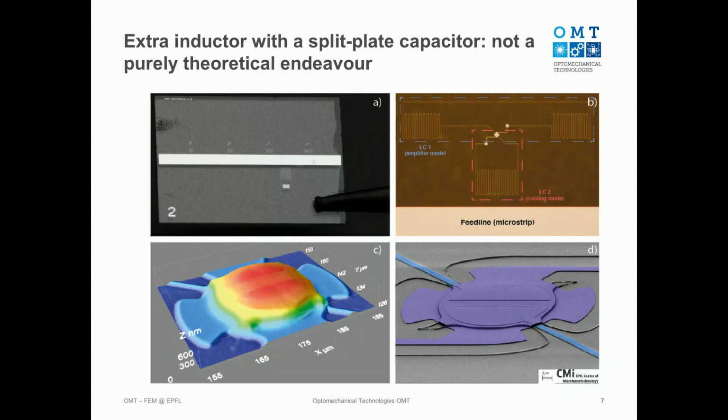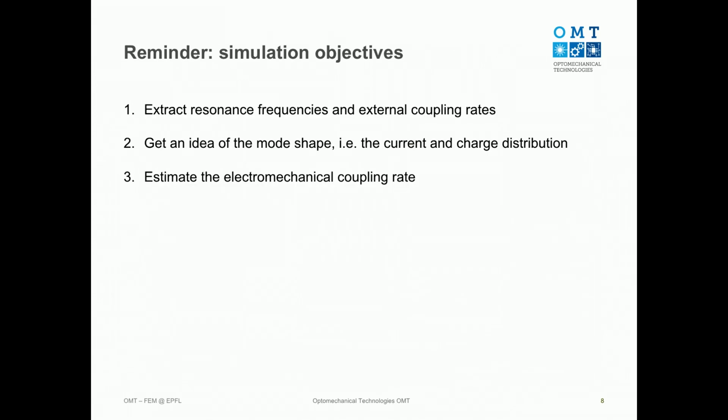Okay, so now if you look at the current distribution, maybe I'll just show it in the presentation, it's a little bit easier. So in this hybridized mode design, what you will see is that you have one mode at a lower frequency, around 4 gigahertz, and Sonnet already shows you that the external coupling rate is in the order of 100 kilohertz.